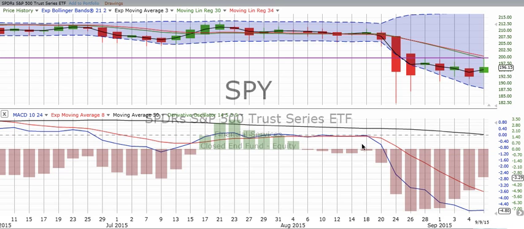Remember, we called this down move before, right as it started around the 18th, and the market backed up and then rolled back over from the two-day chart to the 4-hour chart. Great buy-in point there, particularly on the Qs, not as much on the SPY. The Qs is the NASDAQ 100, but watch for this, okay?